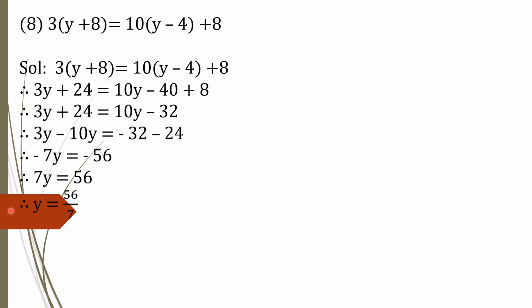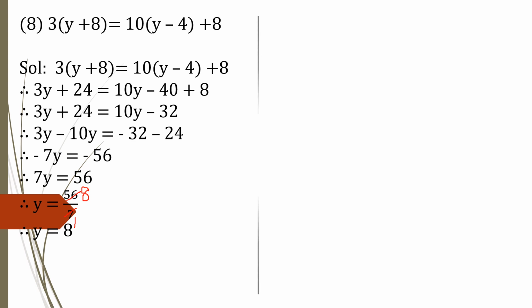Therefore y equal to 56 upon 7. Now further we can simplify. You'll write down the reduced form. That is 7 ones are 7, 7 eights are 56. So you'll write down 8 over here. So you get the value of y equal to 8.